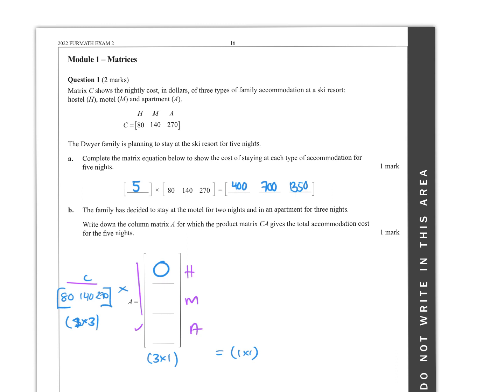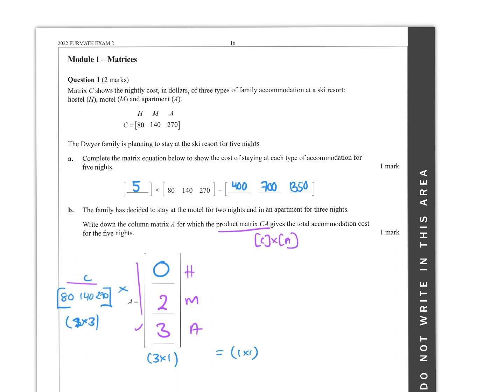So I want to times the motel by 2, and I want to times the apartment by 3. So that's the answer for that. That's a little bit of manual multiplication. Sometimes if you just write how they said, because when they said product matrix, that means you're going to multiply C by A.